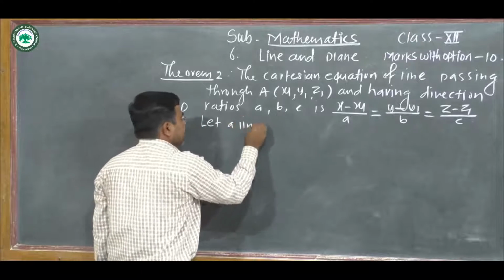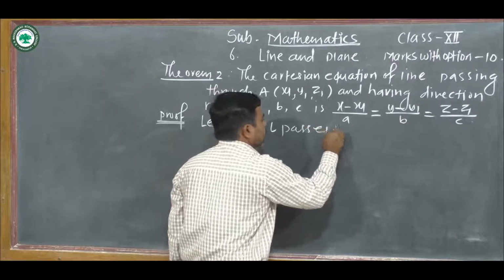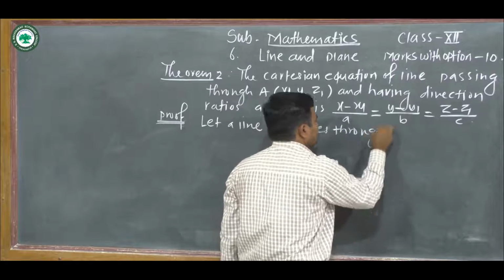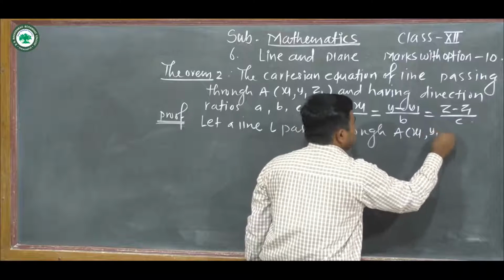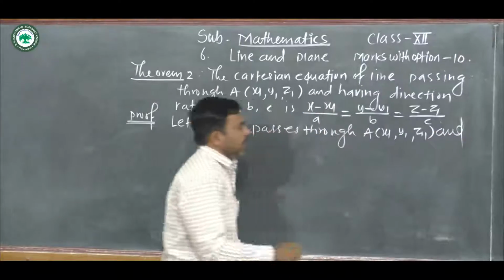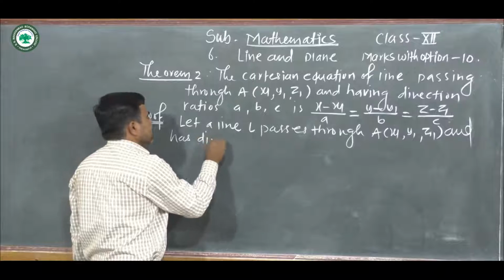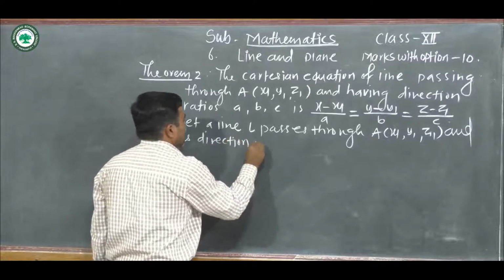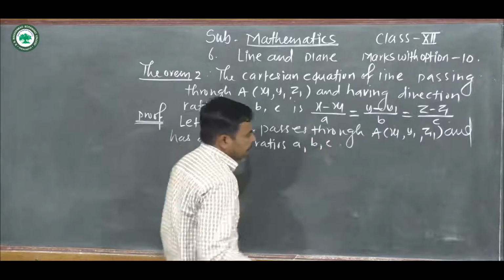So let's see the proof. Let a line L pass through capital A with coordinates x1, y1, z1 and has direction ratios a, b, c.